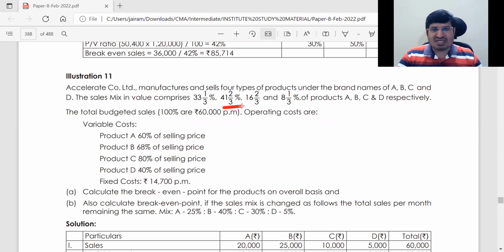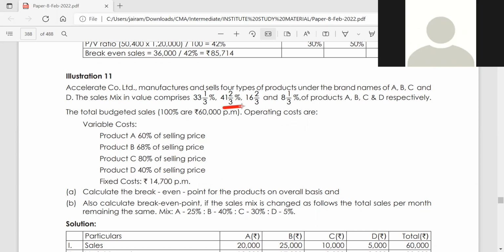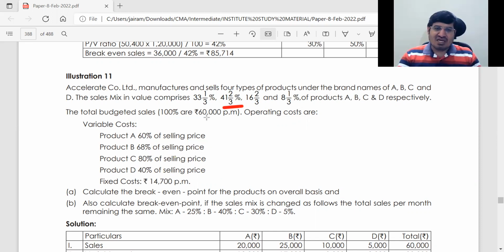41 2/3%. So how much percent is it actually? How will you calculate it in your calculator? 41 2/3%. Do 60,000 of 60,000, calculate 41 2/3%.